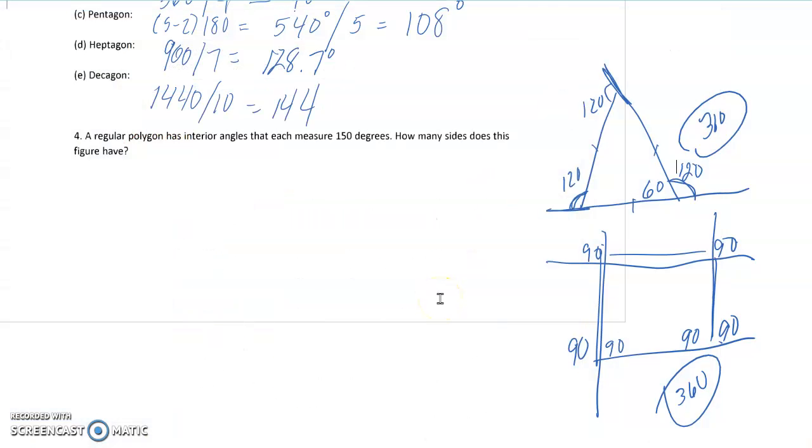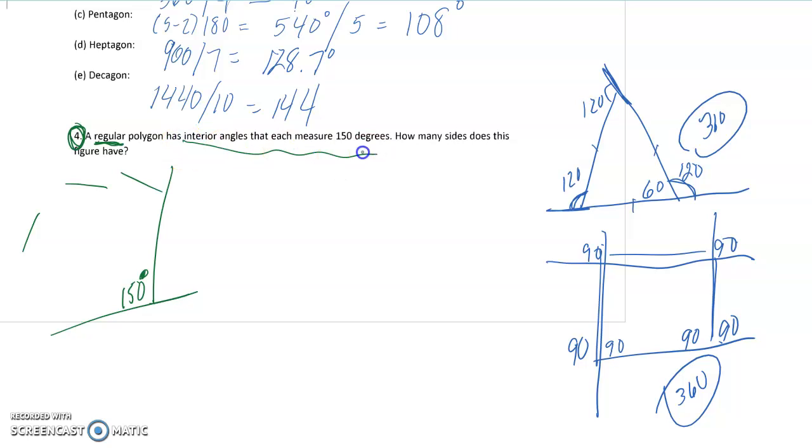So when I ask you this question, which I think is the hardest question I can ask you out of all of this: if a regular polygon has an interior angle of 150, how many sides does it have? So one thing we have to realize, it's regular. So if I was to draw a polygon, we don't know how many sides it has. But if I know one of the angles is 150, that means they're all 150. But I don't know how many sides.